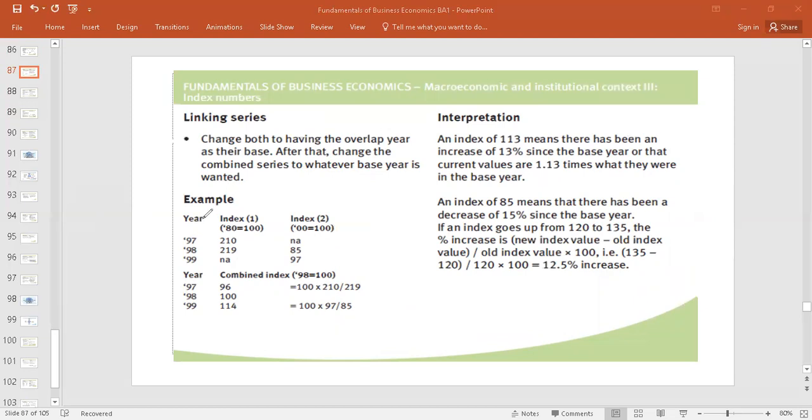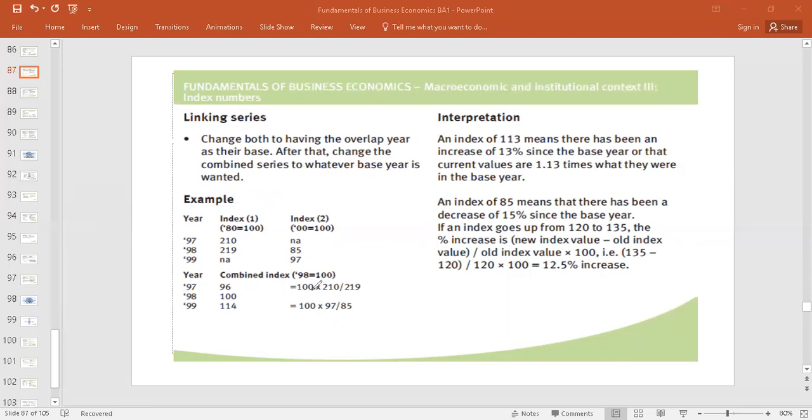So there are years given, 97, 98, 99. Index is given. If they are to combine the index, 98 is equal to 100.